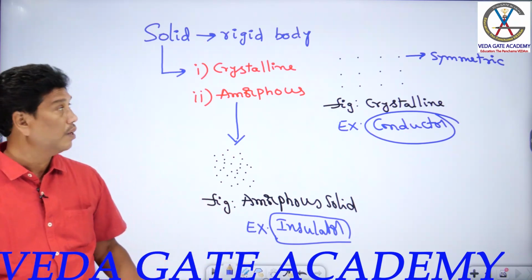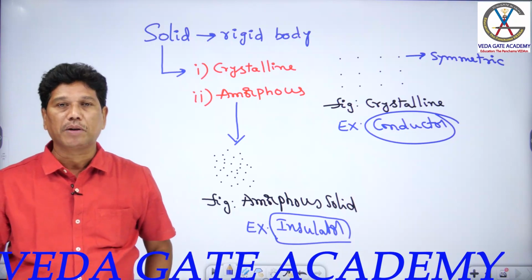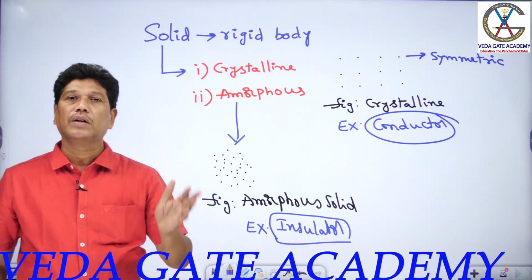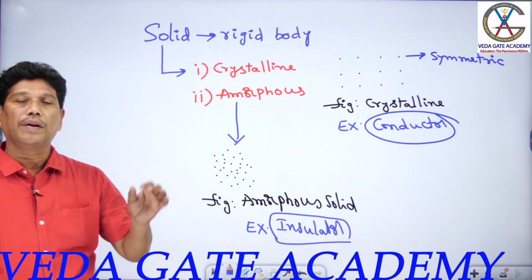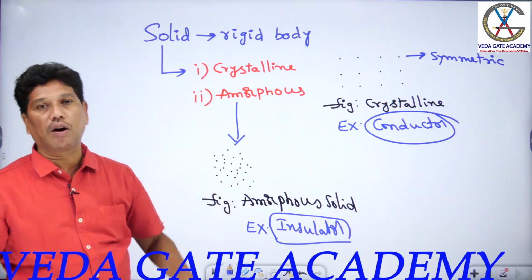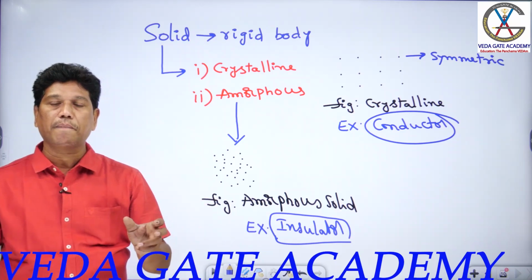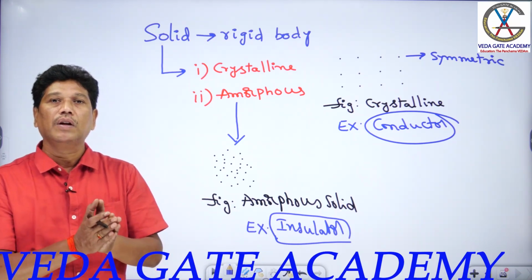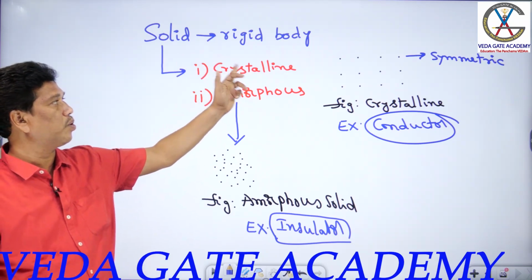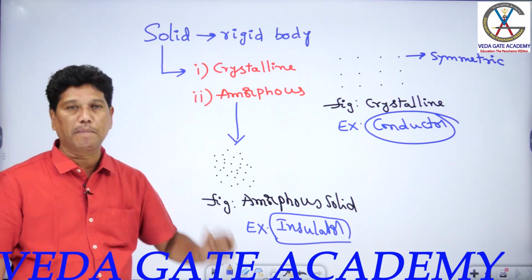So now students, based on the atomic structure, you classify materials into three types: solids, liquids and gases. Presently I am considering solid. A solid is a rigid body in which the atoms are kept very close together, and it is further classified into two types, crystalline and amorphous.